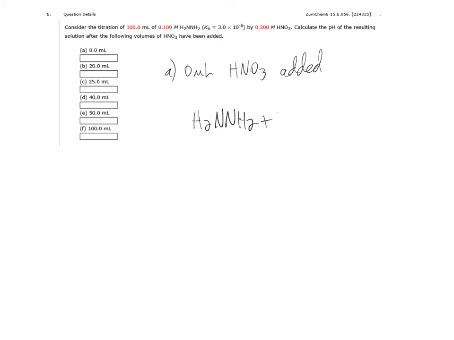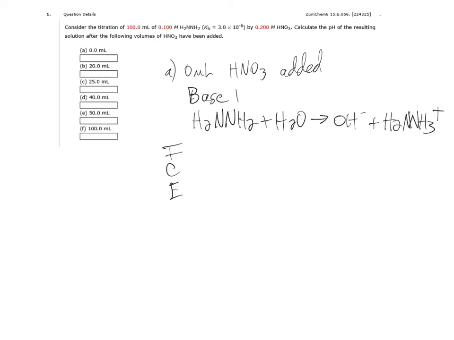We'll write a base dissociation equation, and we'll set up an ice table showing how the weak base protonates and produces hydroxide in the process. Anytime you have liquid water in an ice table, it drops out.